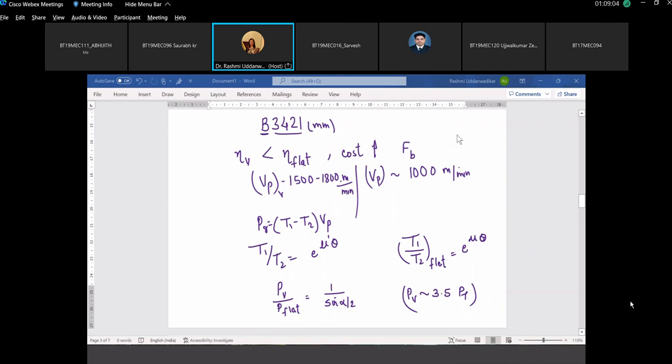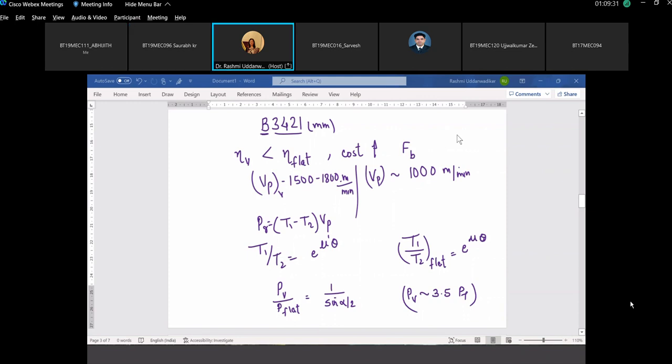So at the time of design, we assume it is designed for the value PD, which takes into account the service condition. But with time, it will have a certain life. It will have that many number of cycles after which it should be replaced. So you replace a belt with a belt of similar designation.